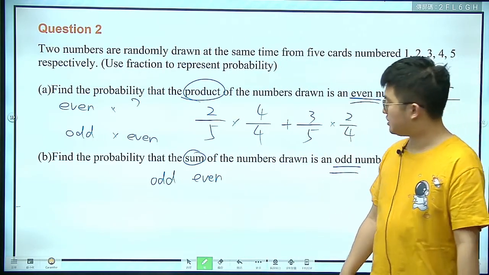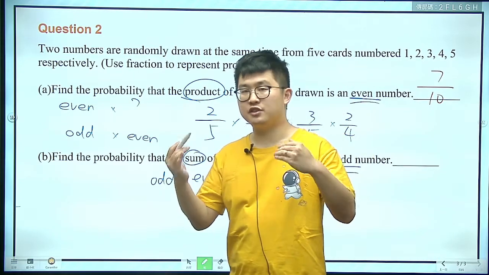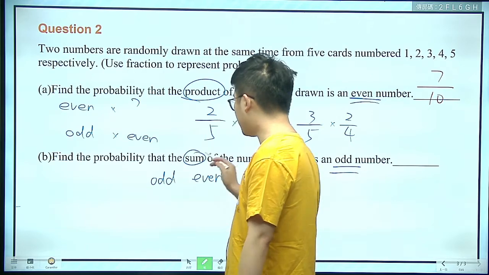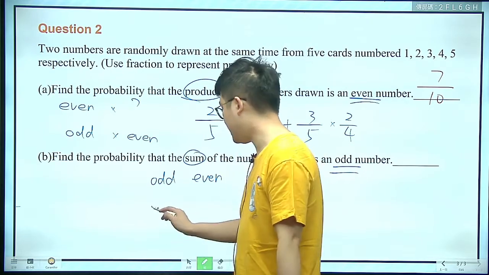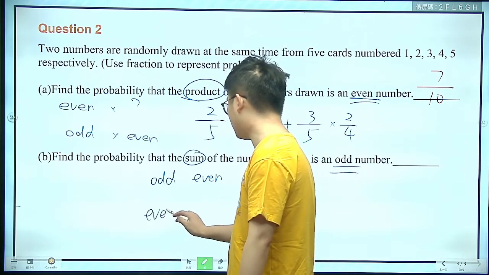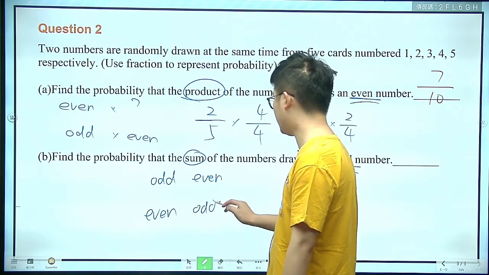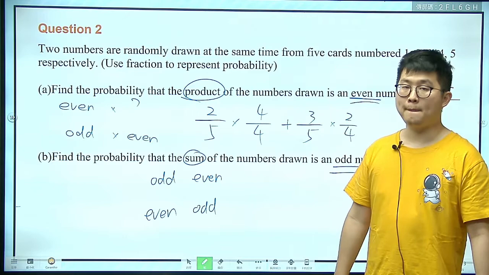But if we imagine that we do this one at a time, we can say that odd first, even second is okay. But also if we draw an even number in the first place, then we need an odd number here, right?